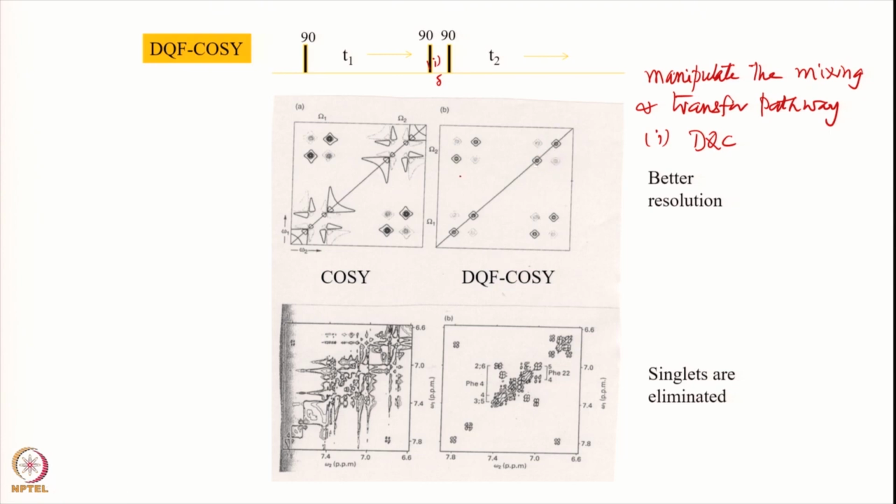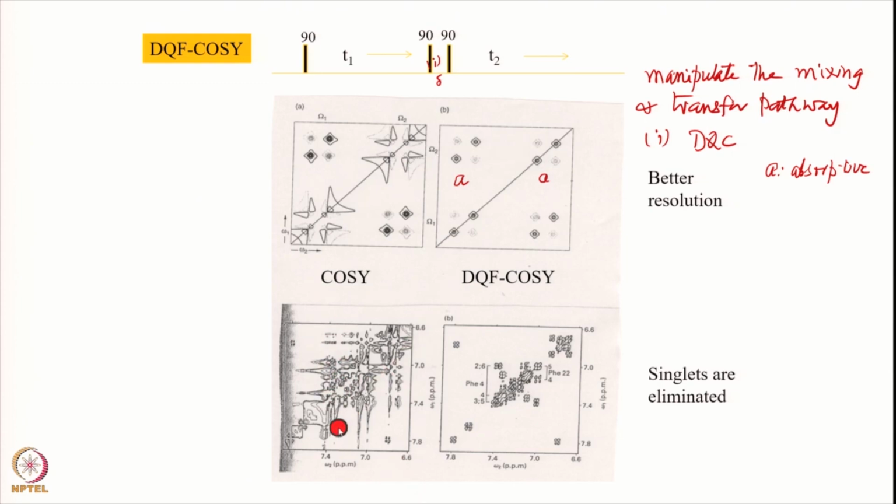If I want to call that absorptive, A, this is also A. A for absorptive. Absorptive line shapes. So therefore all that information that was lost because of this kind of ugly line shape can be recovered.